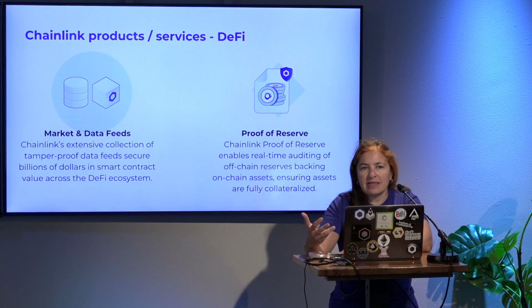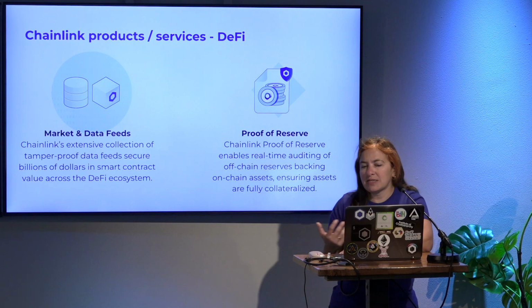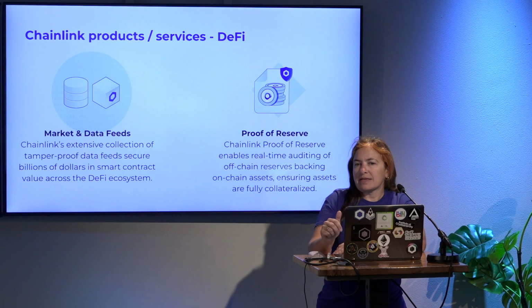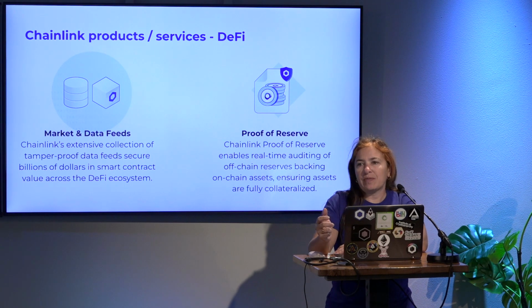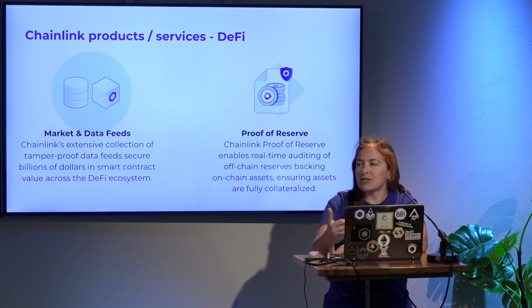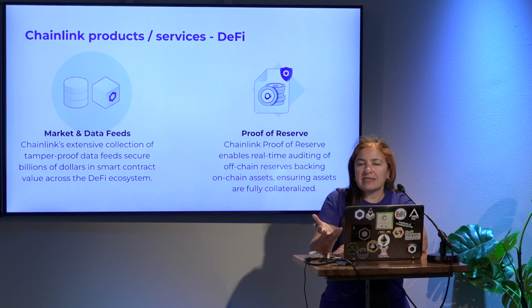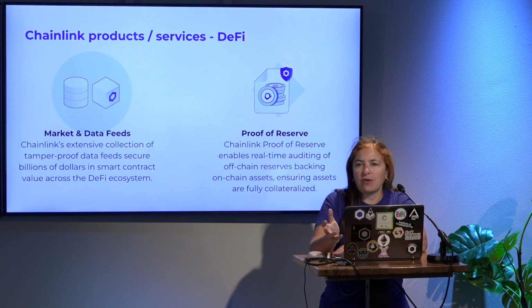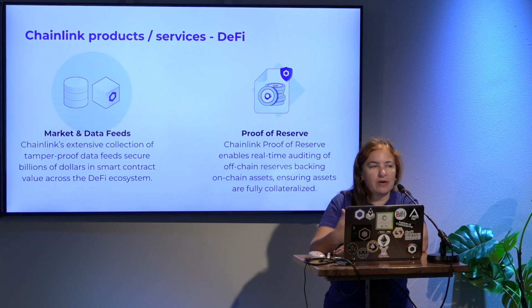Another interesting service that Chainlink has is the proof of reserve. You can get some information, including from a bank or from another chain, and use it inside your contract. One example: BitGo is the issuer for the WBTC, the wrapped Bitcoin on the Ethereum network. So they must have Bitcoin in the Bitcoin network.